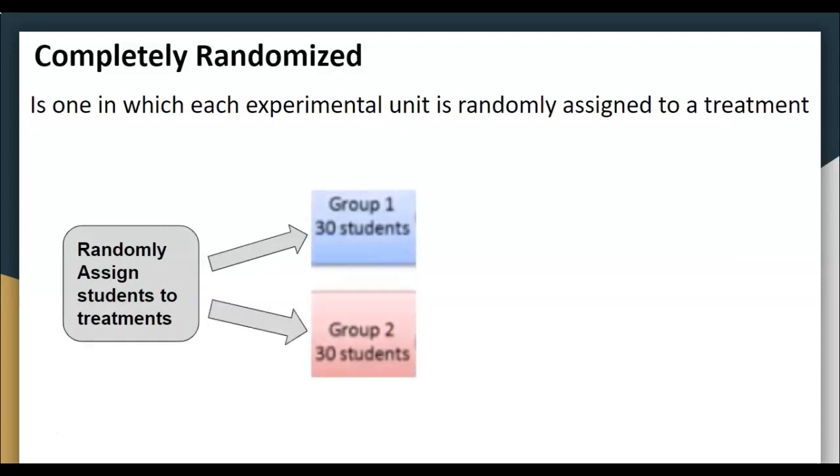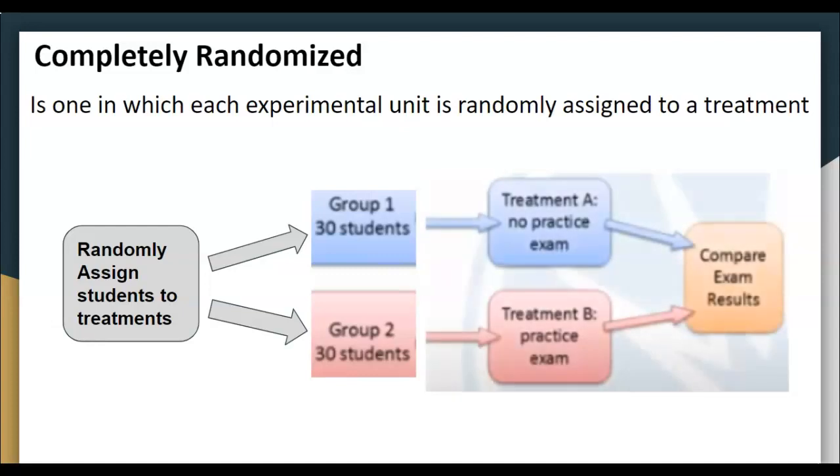I have group one with 30 students, and group two with another 30 students. Then the first group doesn't take the practice exam, and the second group does, and then we compare their exam results. Some might say that when they look at this design, you might not have valid results because you might have smarter students in one group or the other.